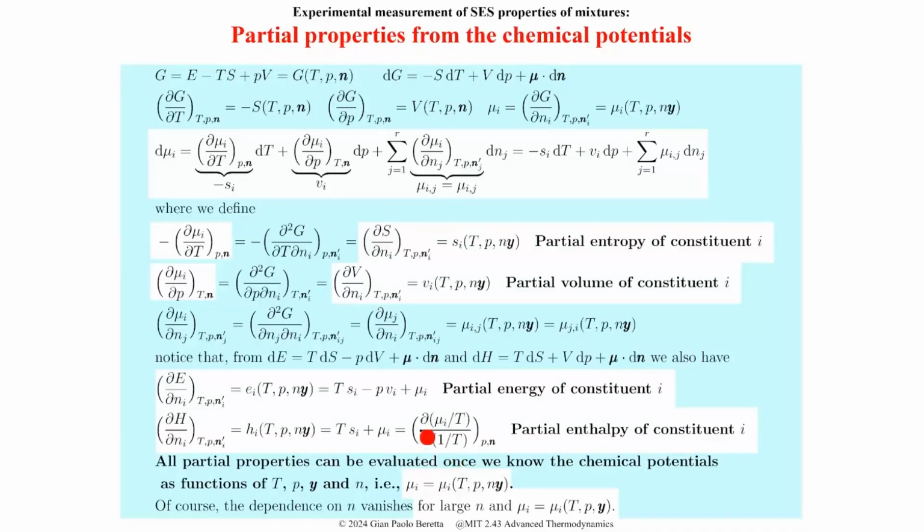For example, the partial entropy of the constituent in the mixture, which is a function of T, P, and Y. We will have to be careful in distinguishing well between the partial entropy of a constituent in the mixture and the s_i^i(T,P), which is the specific property, the specific entropy of pure component i when at the same temperature and pressure of the mixture.